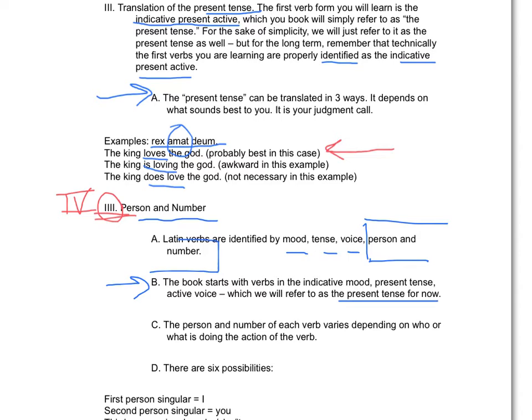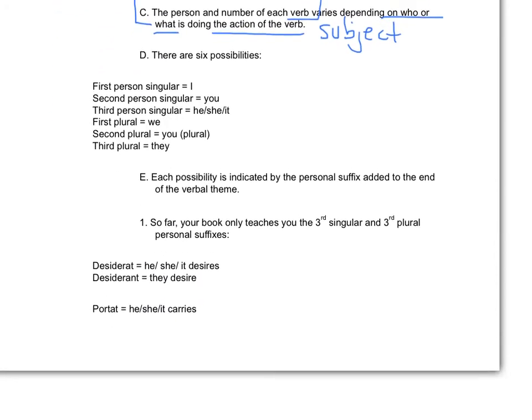And the person and number of each verb varies depending on who or what is doing the action of the verb. That is to say, the person and number reflects who or what the subject is. There are 6 total possibilities for person and number.